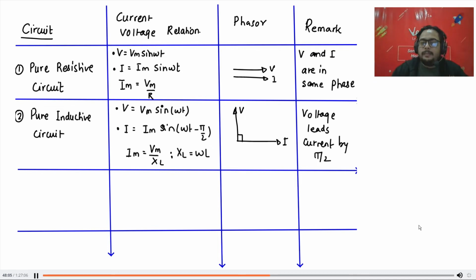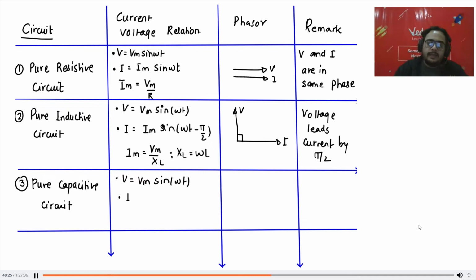by pi by 2. And lastly, we studied the pure capacitive circuit. If your voltage in the pure capacitive circuit that you have applied is Vm sine omega t, current in that circuit is going to be Im sine omega t plus pi by 2, where Im is Vm by Xc, and Xc is 1 by omega c.